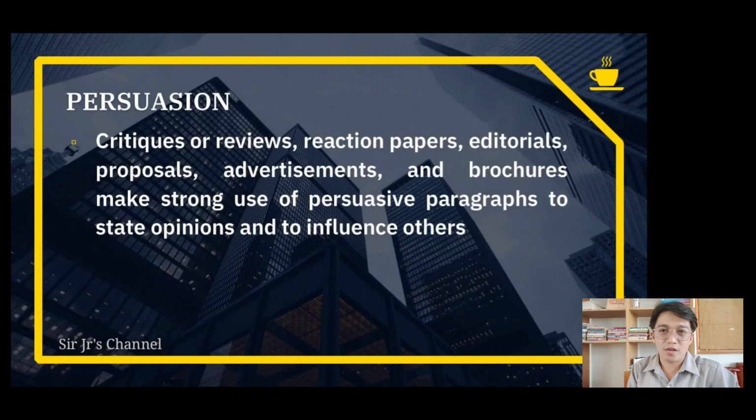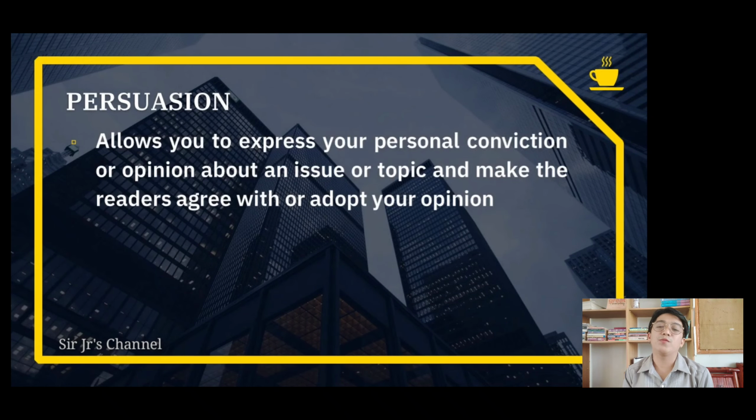Critiques or reviews, reaction papers, editorials, proposals, advertisements, and brochures make strong use of persuasive paragraphs to state opinions and to influence others. So that's where you can read samples of texts that use persuasion as a pattern of development. Persuasion allows you to express your personal conviction or opinion about an issue or topic and make the readers agree with you or adopt your opinion.